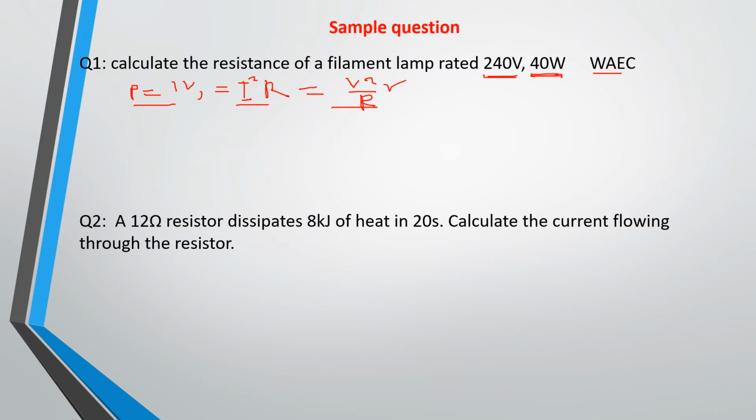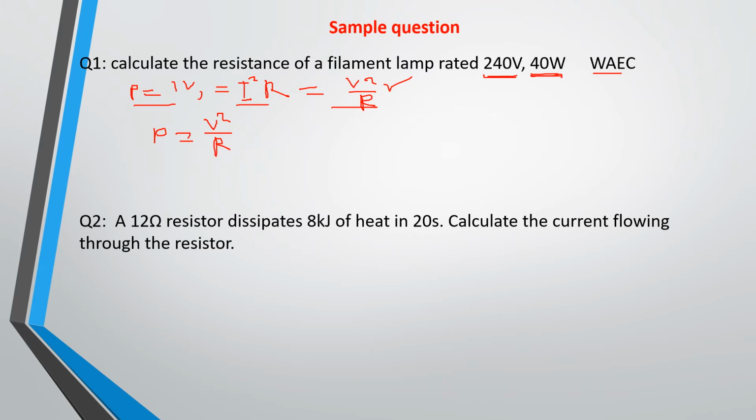I think it is this one, right? So you say power is equals to V squared all over R, because this is the only equation that relates power to voltage and to resistance, and you are looking for resistance.